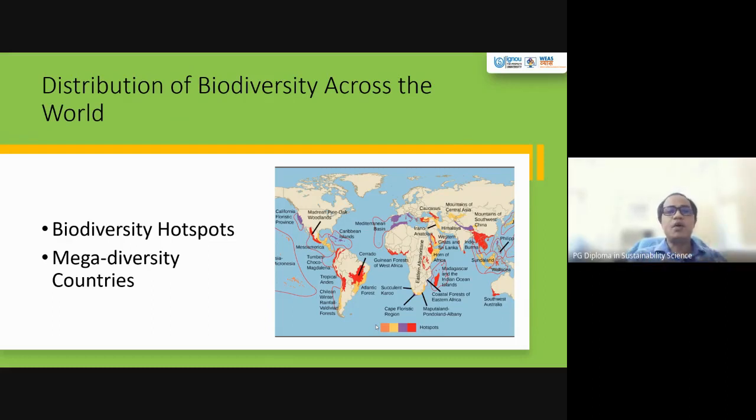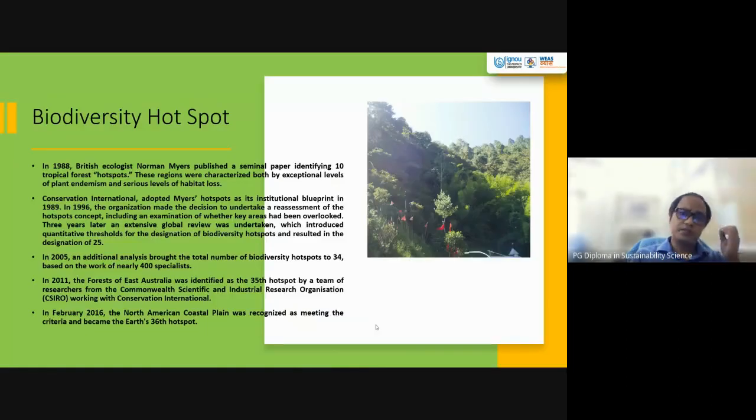So depending on the characteristics available across the world, we can look at the distribution of biodiversity in two major ways. One is biodiversity hotspots. The second is mega diversity countries, right? Then what is a biodiversity hotspot?